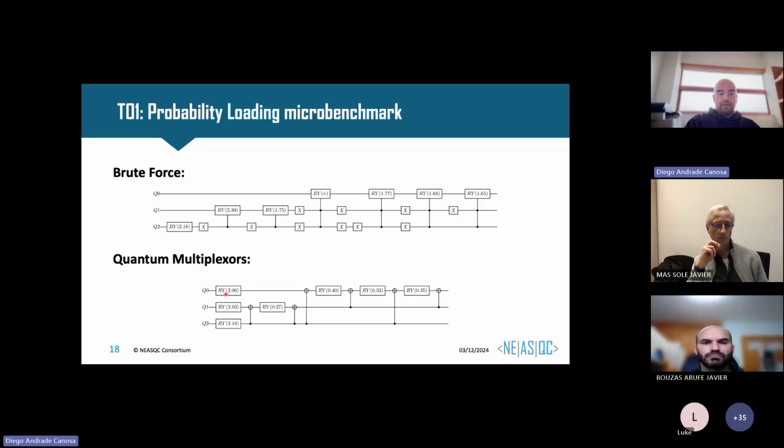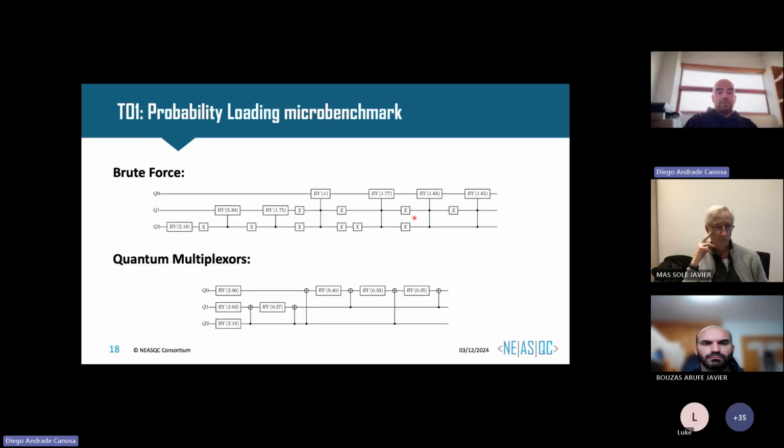If you look at these two sample circuits, for building the operator, if you use the brute force, you are going to have a circuit like this. But if you use the method of quantum multiplexers, you are going to have a shorter circuit. So this approach is supposed to be better, but maybe in some quantum platform, the other implementation is going to work better. So it's up to you as an implementer to use the one that you prefer.